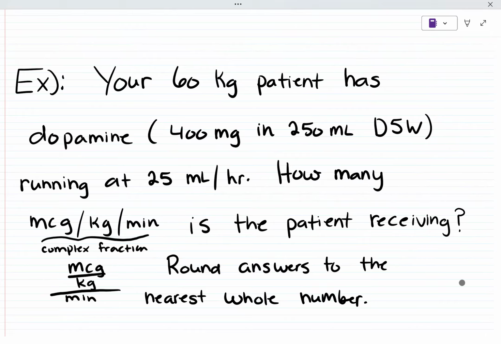How many mcg per kilogram per minute is the patient receiving? Round your answer to the nearest whole number. So this is the same thing as a complex fraction: mcg slash kg slash minute is the same thing as mcg over kg, over minutes. So how many?